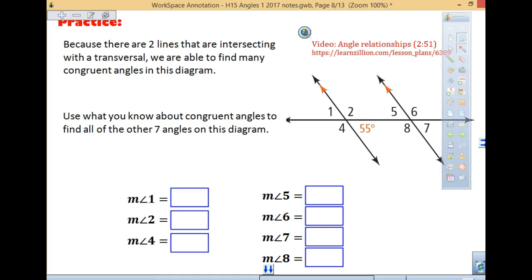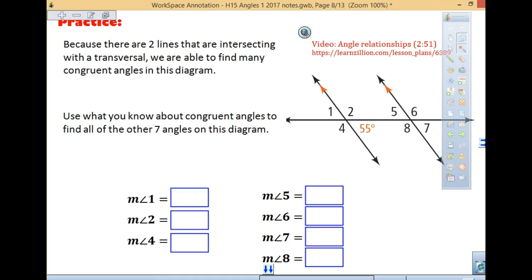It says, because the two lines intersect and have a transversal, we're able to find many congruent angles in this diagram. Use what you know about congruent angles to find the 7 angles that are congruent. So, if I have 55, what do I know about these 2 angles? What kind of angles are those, Sophie?